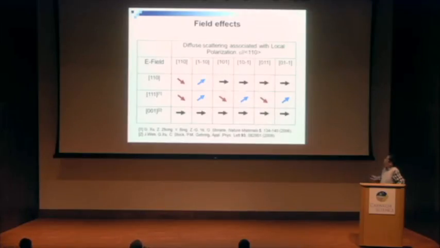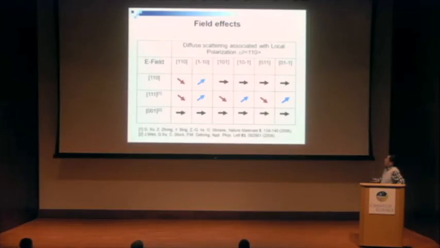Here we list 6 diffuse scatterings associated with 6 different local polarizations along the 110 type directions. We just showed the 110 field will suppress the diffuse scattering coming from the 110 polarization, enhance the diffuse scattering from polarization along the 1-10 direction, and have no effect on the other 4.